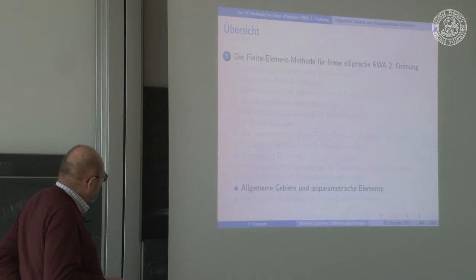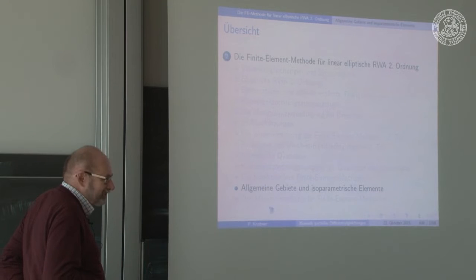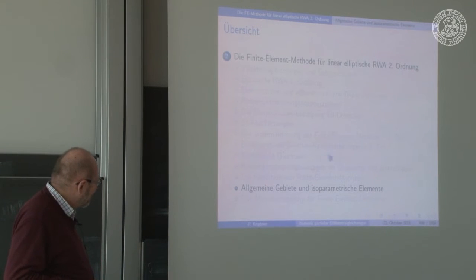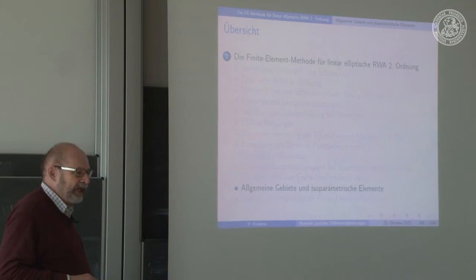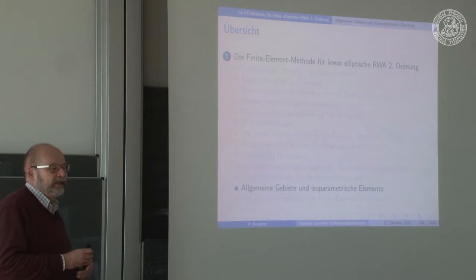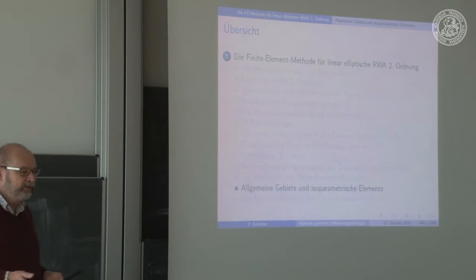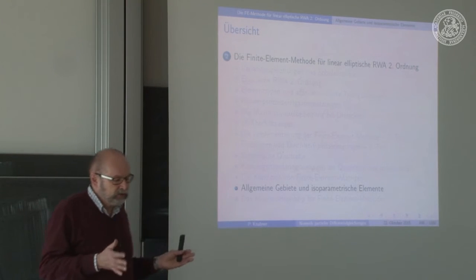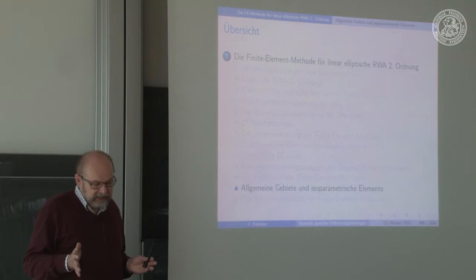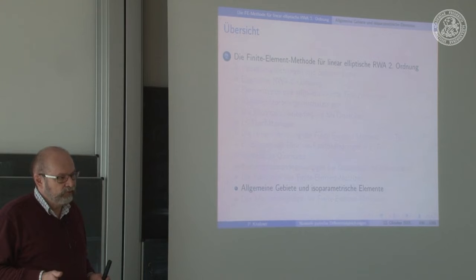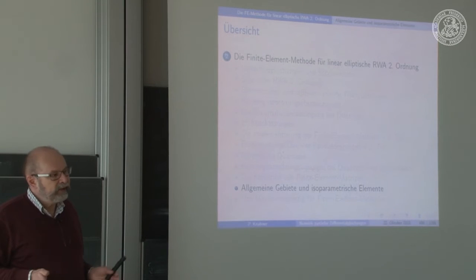So now we would like to look at general domains, that means also allowing for curved boundaries. In conjunction with that, and also to close a gap which we have with the elements based on the unit cube: you remember, if we base elements on the unit cube with an ansatz space Q_k, not P_k, then we have the problem that if we only take affine linear transformations, we end up with parallelepipeds.